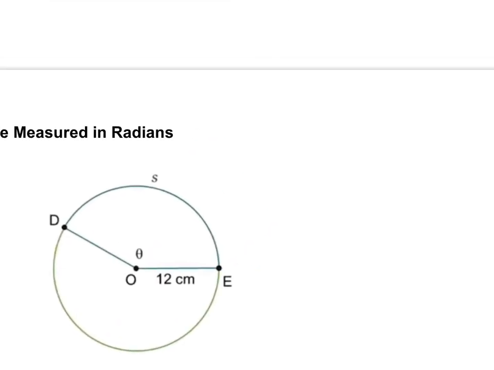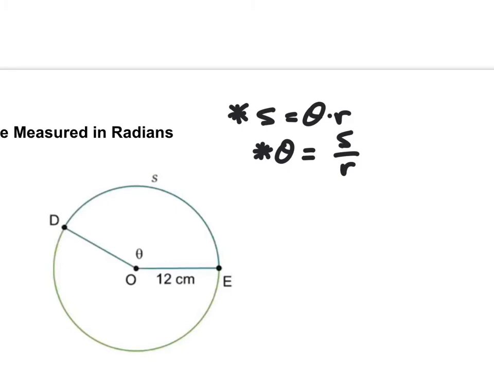So let's recap. My arc length s is equal to theta times my radius. I can also figure out my angle measure in radians by taking my arc length and dividing it by my radius. So these are two very important formulas that we need to use.